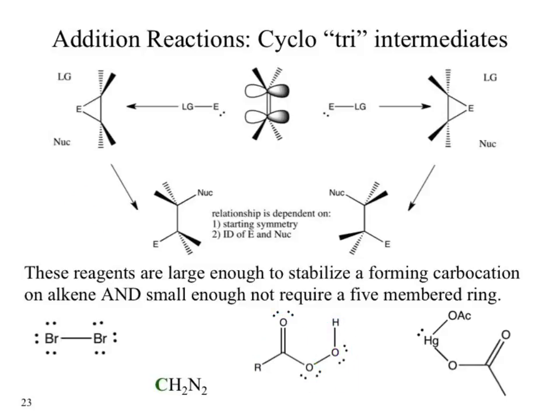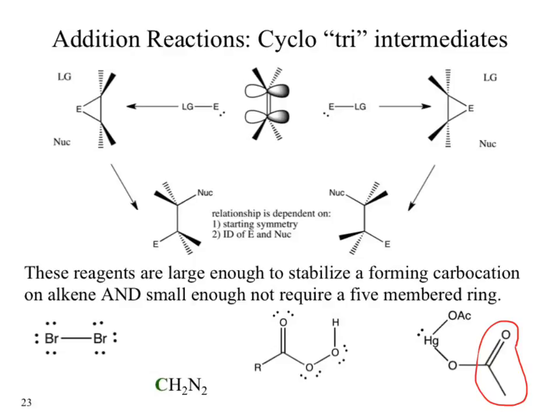Last one on this list, mercury, or our mercury acetate. You'll notice that I've actually drawn things out a little bit differently. We've got the oxygens and we have AC. What does AC stand for? Acetate, good call. What does acetate look like? There you go.